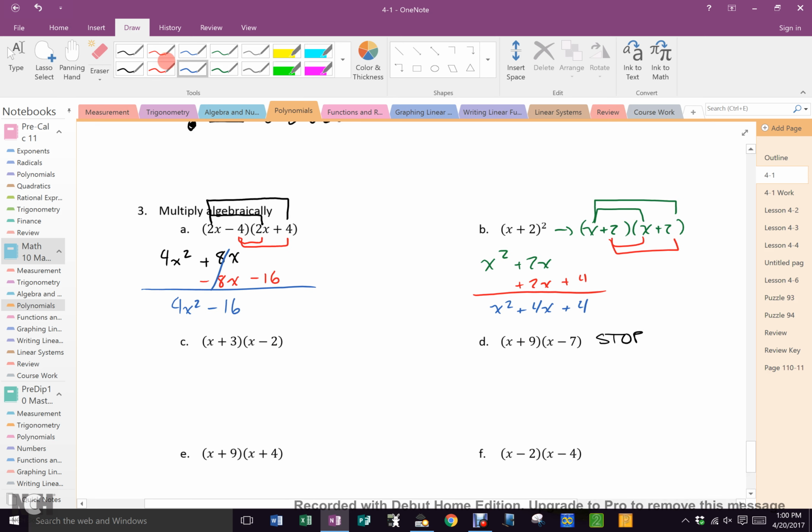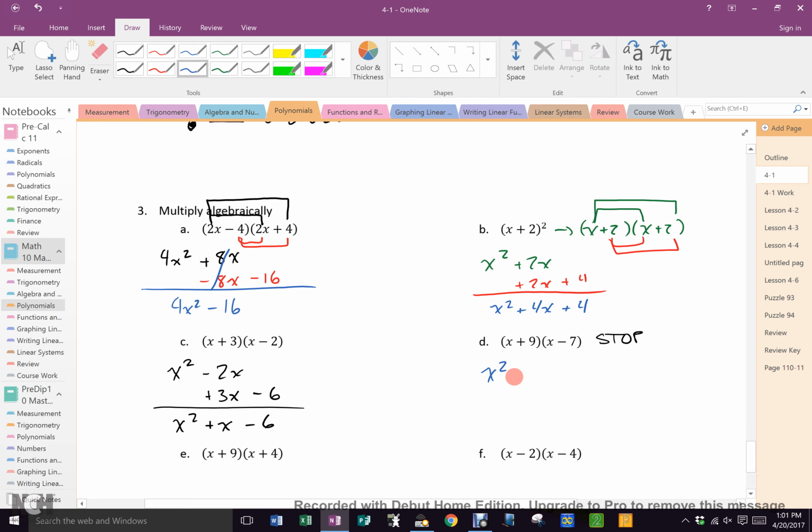What's this one? X squared minus 2x plus 3x minus 6. Collect your like terms. X squared. Negative 2 plus 3 is positive 1x minus 6. And what's this one?